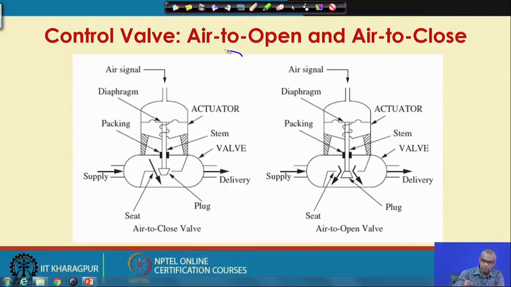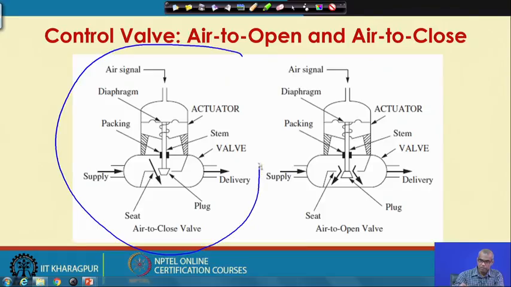Look at this construction first. So, you have this diaphragm and the air signal is acting on the diaphragm. This is the stem which is attached to the diaphragm.